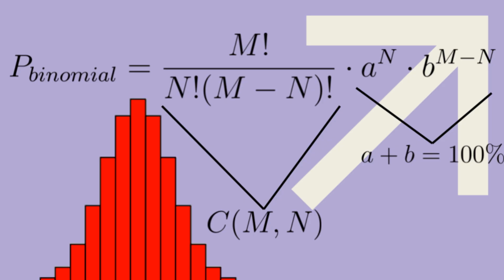The general way you write a binomial distribution is m factorial divided by both n factorial and m minus n factorial. You then multiply this by a to the power of n and b to the power of m minus n, where a is the odds of the event happening, and b is the odds of the event not happening. So a plus b should add up to 100%.